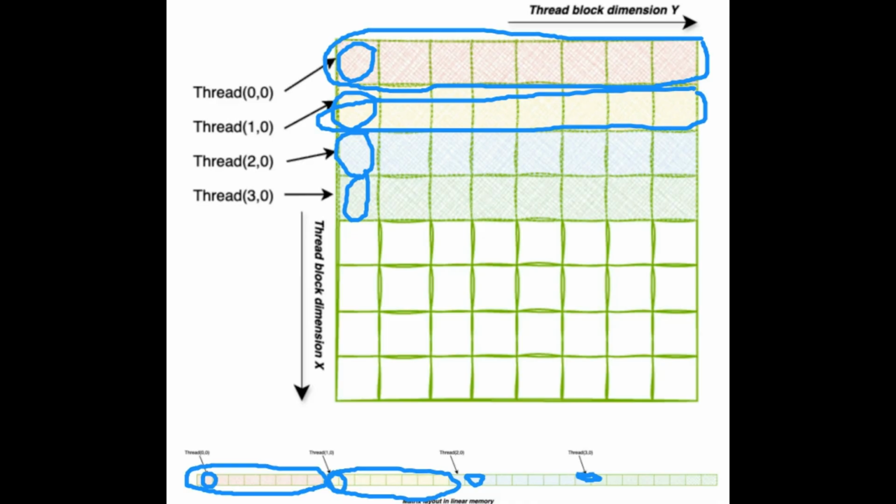But if we iterate along the right dimension, we will get coalesced access. If I share the screen again, you will see it. It's the application script, I think this one.